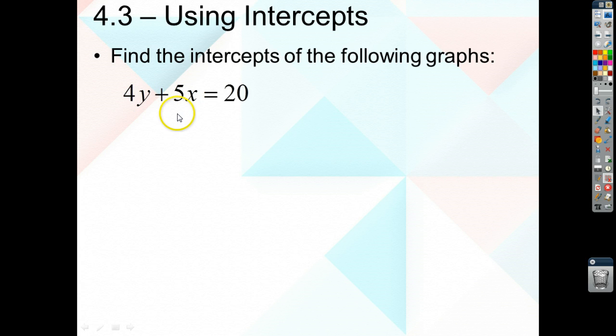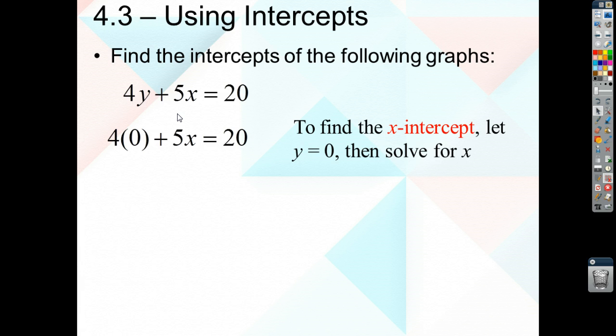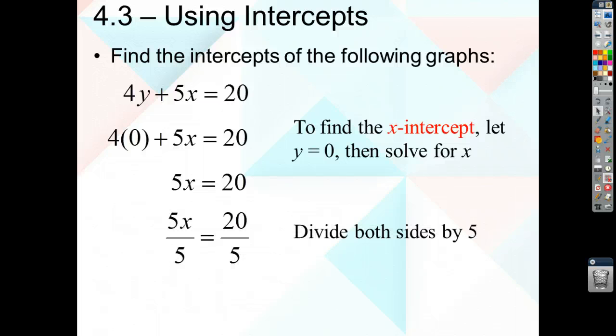Well, the nice thing is that 4 times 0 is 0. It basically disappears. And then I have 5x is equal to 20. From here, I'm going to divide by 5, and I get x is equal to 4. So I know that my x-intercept is (4, 0). When I plug in 4, the result of my function is 0.